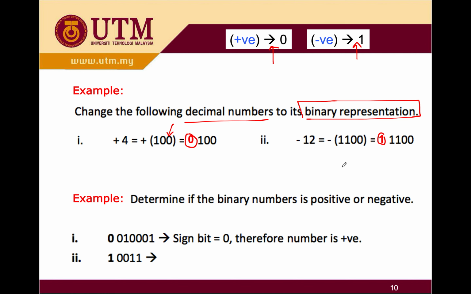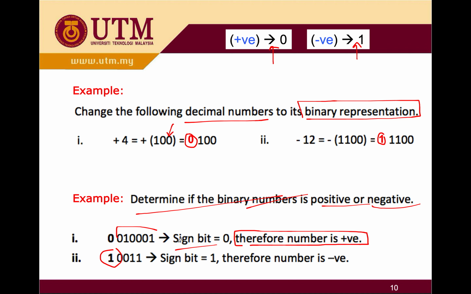And this one you can also try on your own. Determine if the binary number is positive or negative. You were given this one, and the sign bit 0 means positive, and 1 in front means it is negative. So how about the value in decimal?